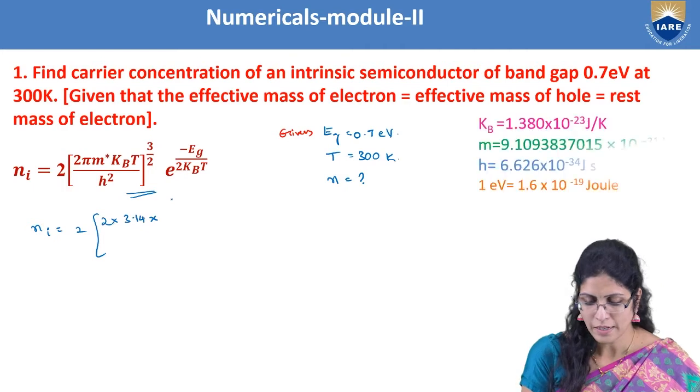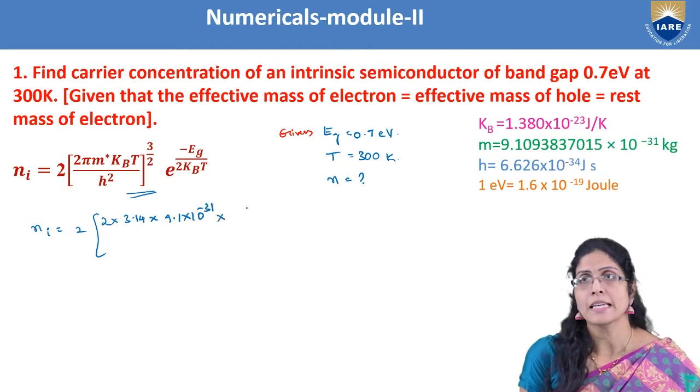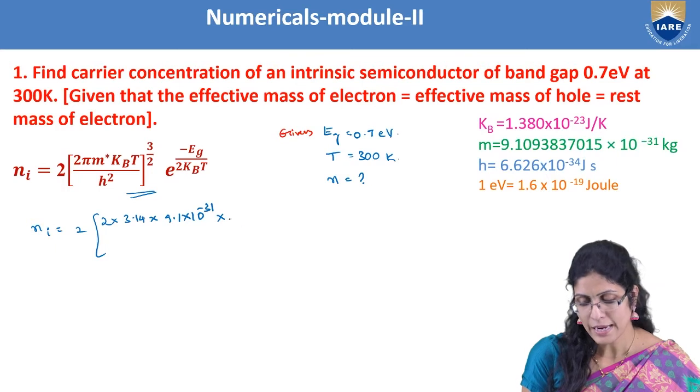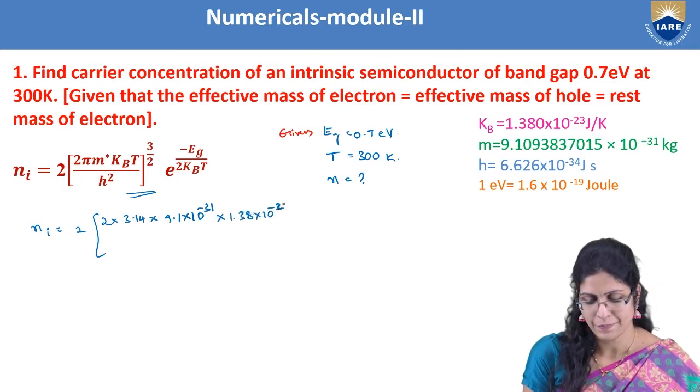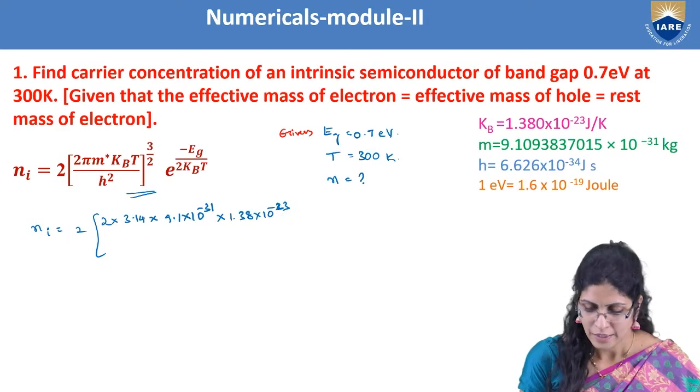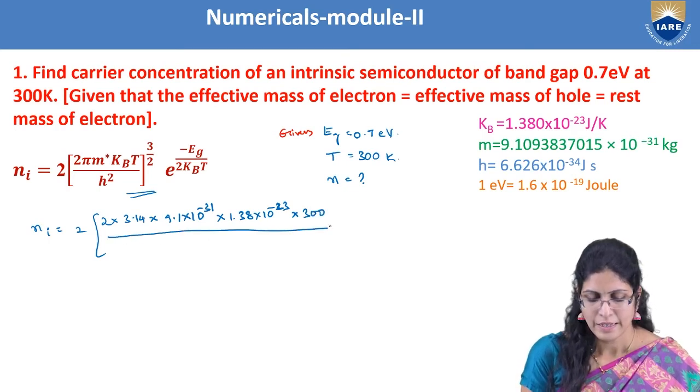You know m star as 9.1 into 10 to the power of minus 31 into kBT. So kB is what? 1.38 into 10 to the power of minus 23 joule per Kelvin into T, which is 300 Kelvin, by h square.